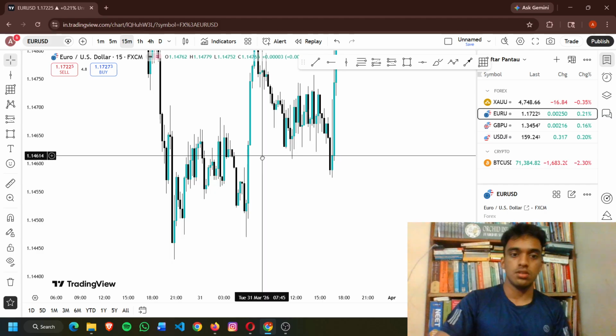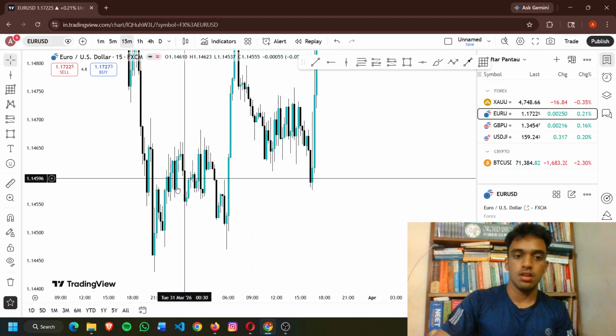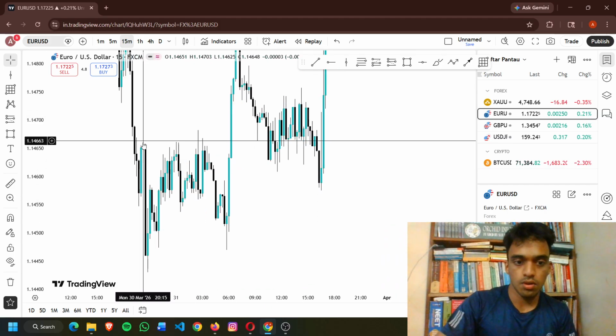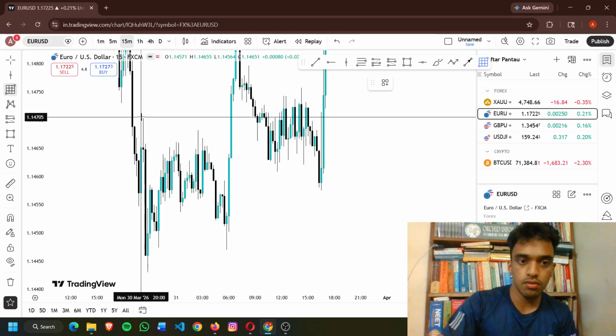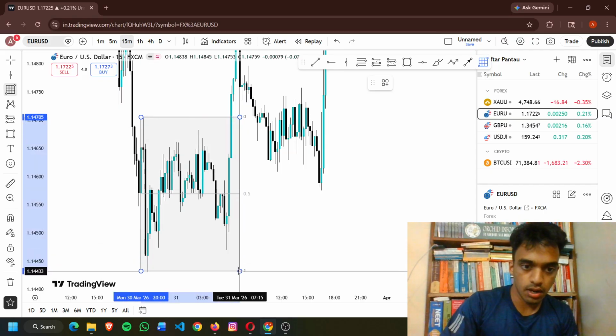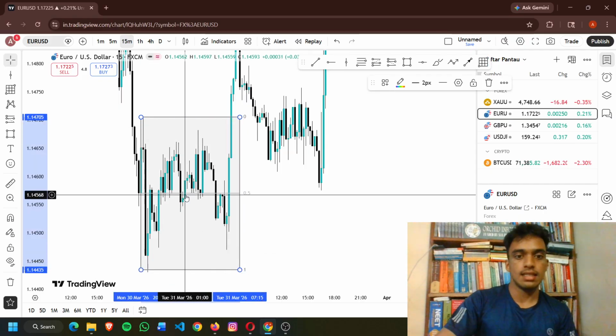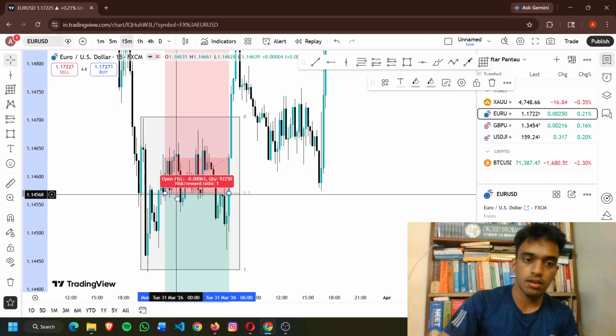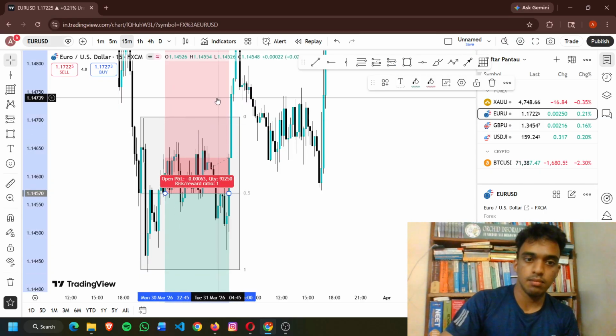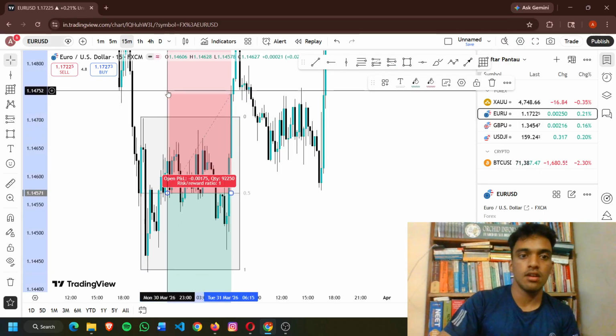So this is also an equilibrium. Let's see, down move prior to an up move. What is the down move prior to the up move? This is the down move prior to the up move. See, exactly, it went inside. You could have kept a buy limit order over here. Oh shit, I make this mistake a lot, guys.